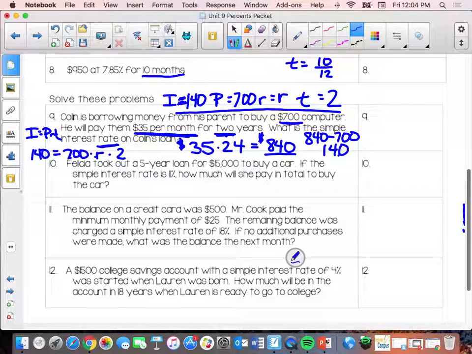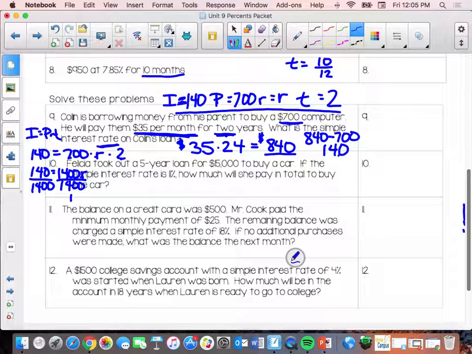So 700 times 2 is $1,400. 140 equals 1,400 R. So to undo, I divide. Divide by 1,400, divide by 1,400. So 140 divided by 1,400 is going to give me my percent.